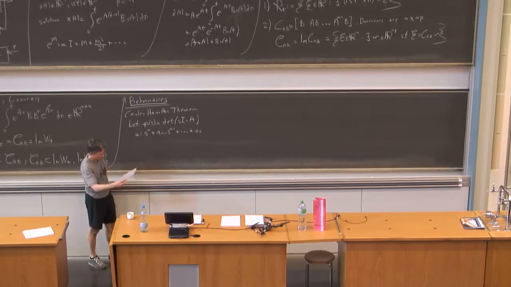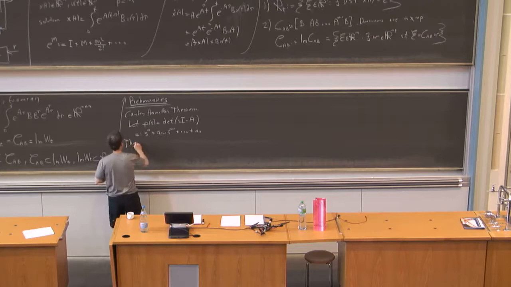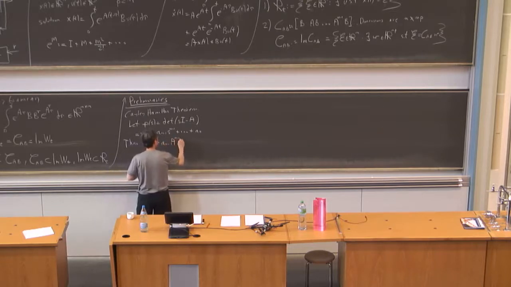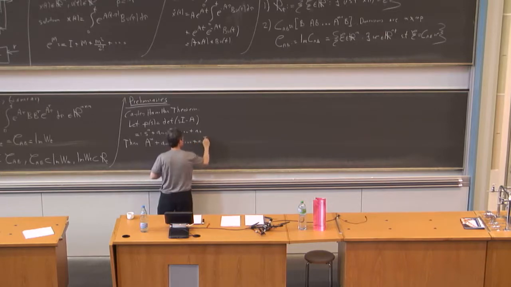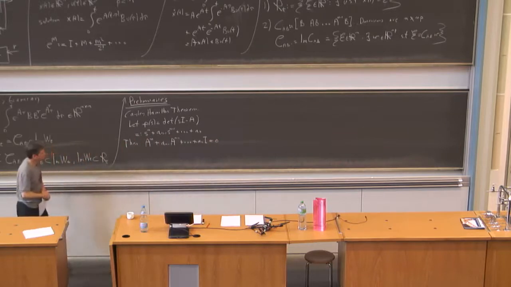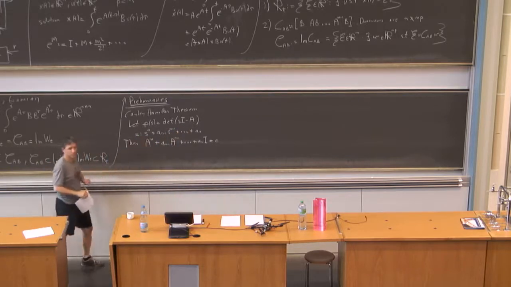Then the Cayley-Hamilton theorem states that A to the n plus a_{n-1} A to the power of n minus 1 plus dot, dot, dot plus a_0 I is equal to 0. So this theorem, the Cayley-Hamilton theorem, states that any matrix satisfies its characteristic polynomial.